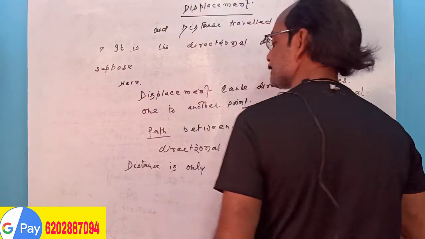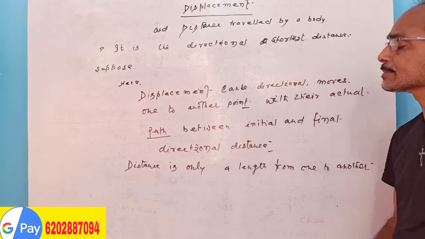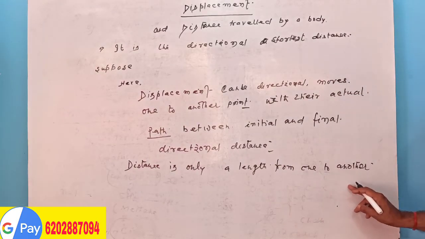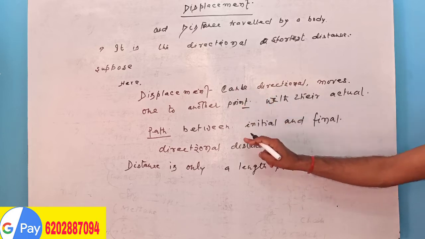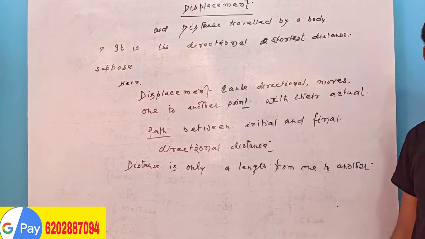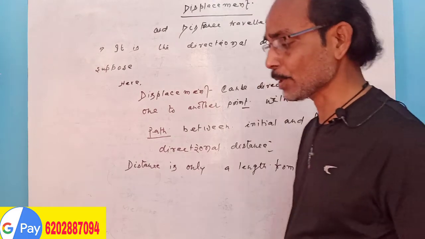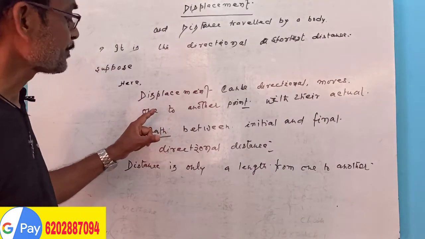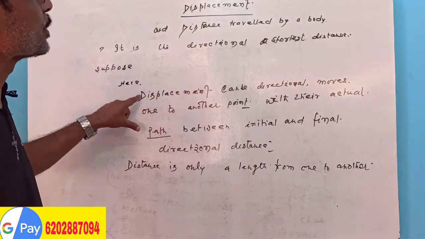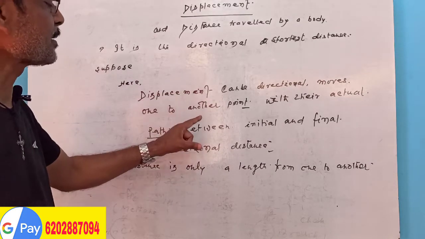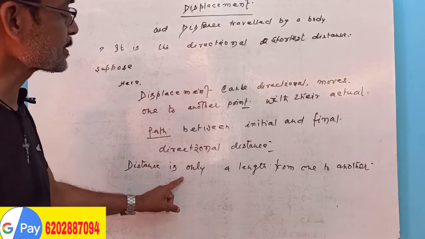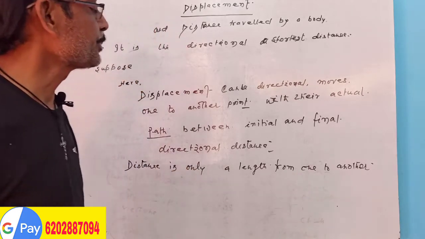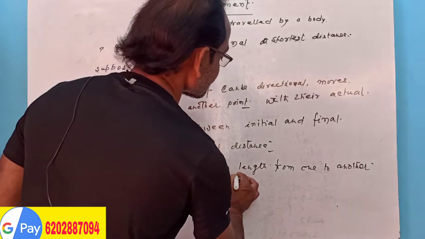Hence, distance is a scalar physical quantity, whereas displacement is a vector physical quantity, because displacement contains both magnitude and direction, whereas distance has only magnitude, in meters.